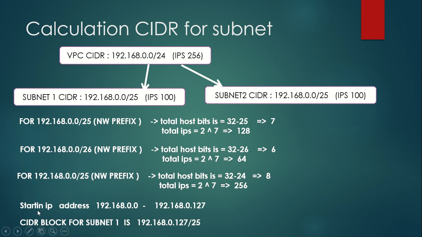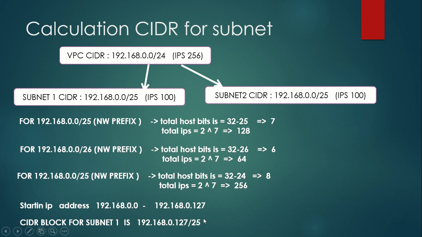If you observe this, the starting IP address for the block is 192.168.0.0, and the last IP address is 192.168.0.127, because we allocated 128 addresses. That's the reason we calculated the first value as 0 and the last IP address as 127. So that's the CIDR block for subnet 1.